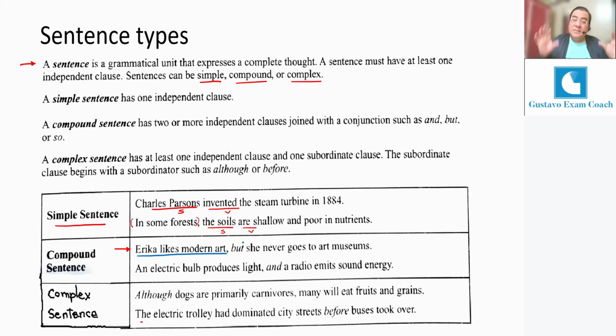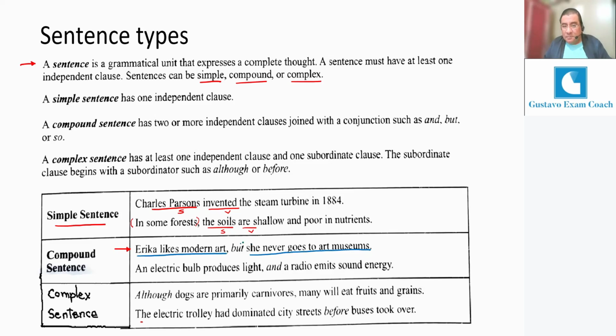But here we see this complete idea put together with another complete idea, which is she never goes to art museums. Together, these two independent clauses form a compound sentence because we have connected them using the word but.